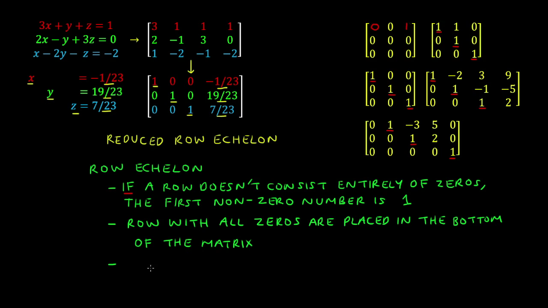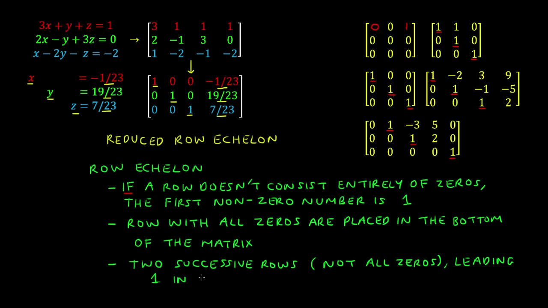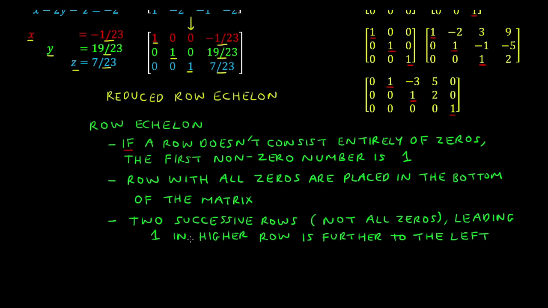And the next rule is, for two successive rows that don't consist entirely of zeros, the leading 1 in the higher row is further to the left compared to the lower row.